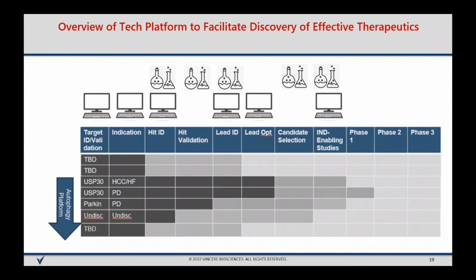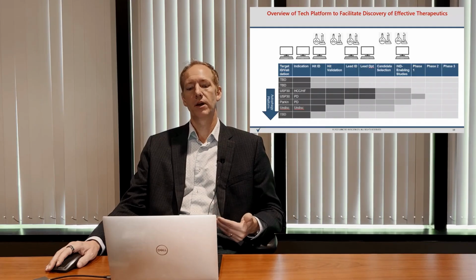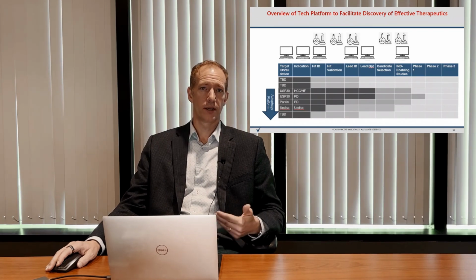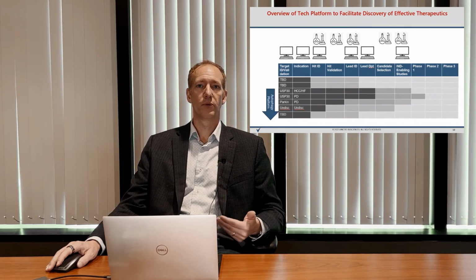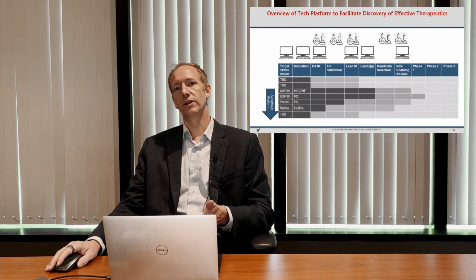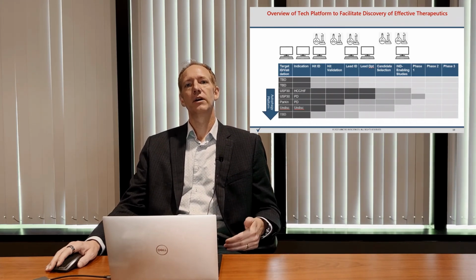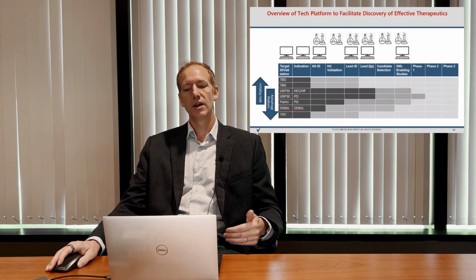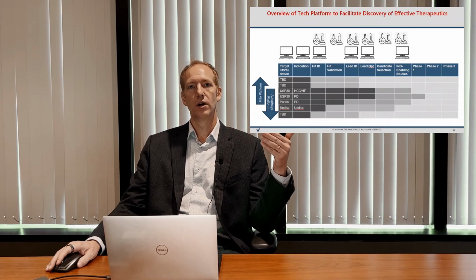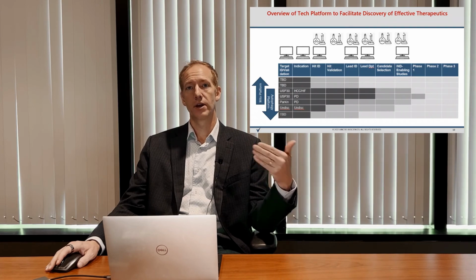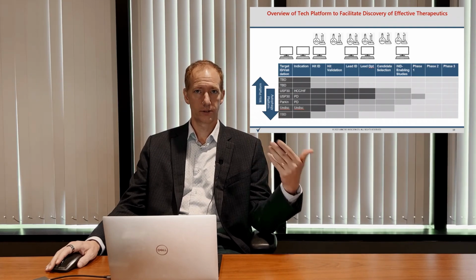We have a fourth target that's completely unrelated that we are in the earlier hit validation stages around, and then a whole pipeline of targets that have been identified from the computational platform that we think have good rationale, but we've not yet moved into the chemistry stages. Our plans are to expand out from here into more general autophagy, and then also back into other areas of mitochondrial health beyond mitochondrial quality control and clearance.